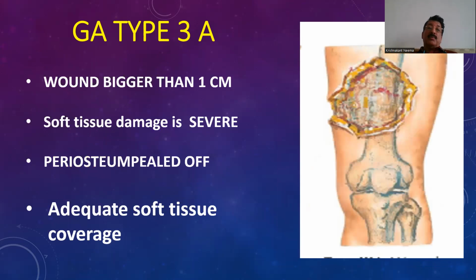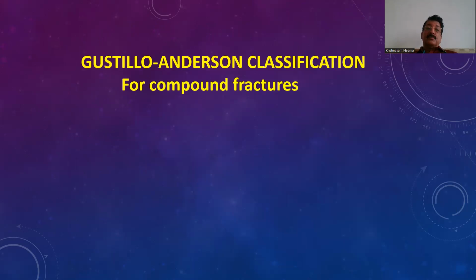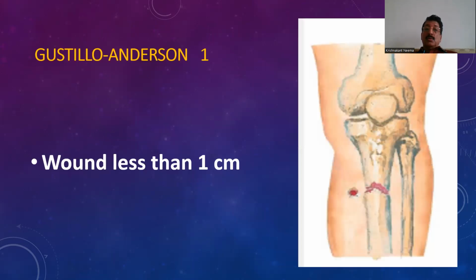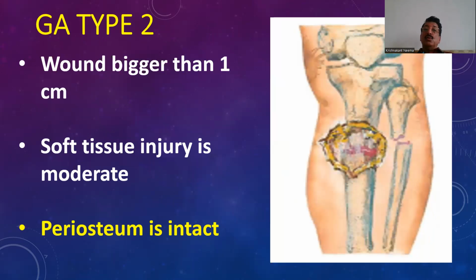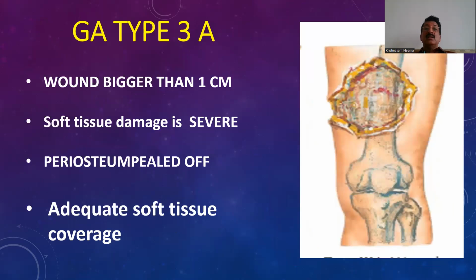So let's go back up. GA1 wound is less than 1 centimeter. GA2 wound is bigger than 1 centimeter. Soft tissue injury is moderate and the periosteum is intact. GA type 3 is wound bigger than 1 cm, soft tissue injury is severe, periosteum is peeled off.